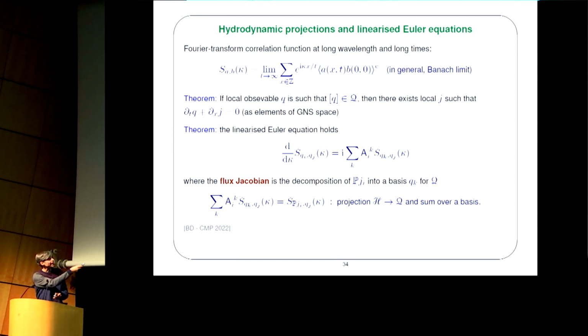And what you show is that the two-point function is differentiable and the derivative is exactly given by the summation with the flux Jacobian, which is just the expansion of the projection of the current on the basis of extensive conserved quantities, essentially. So that tells you that the structure of hydrodynamics is very general, does not require you to know a lot of things about the model, and holds in any quantum spin chain with finite range interaction.